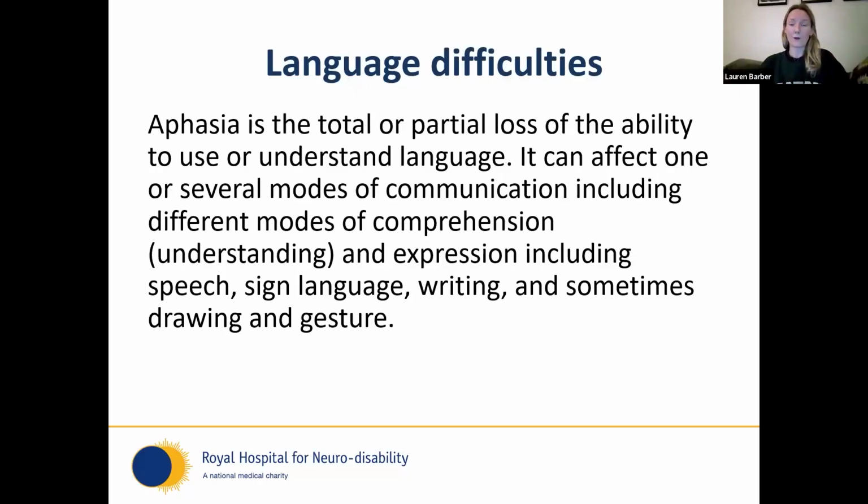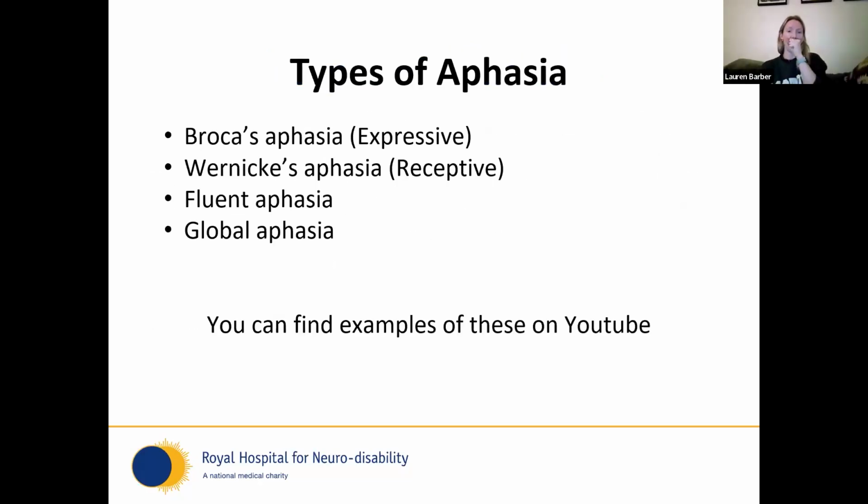Or it could be on how you understand other people, which is when you hear a message or when you can read a message. So depending on where the damage is and the extent of it, it could be on multiple different modalities or just on one or two. And then the severity can vary as well. And we do kind of categorize different types of aphasia as well.